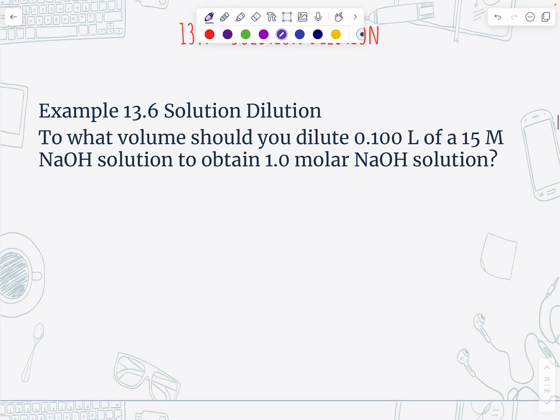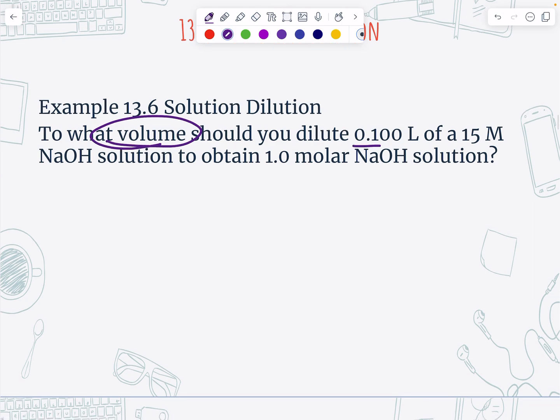This is another problem here. To what volume, so I'm going to be solving for one of the volume numbers, should you dilute 0.1 liters of a 15 molar NaOH solution to obtain 1.0 molar NaOH? So I know that, for example, these two are my concentrated ones. This is the dilute one, and I want to know what will be the volume of the dilute solution.